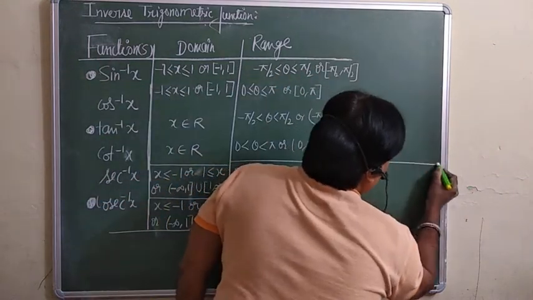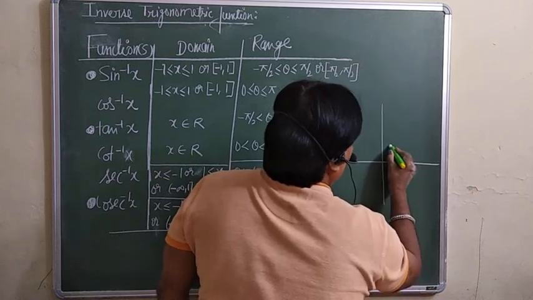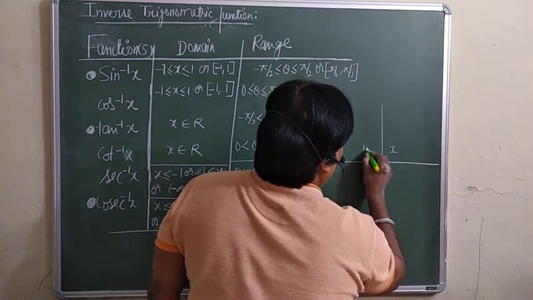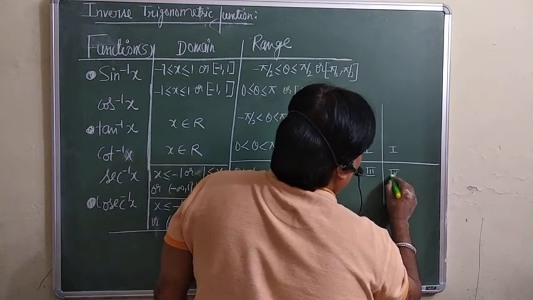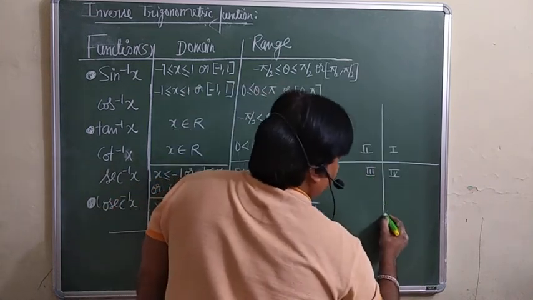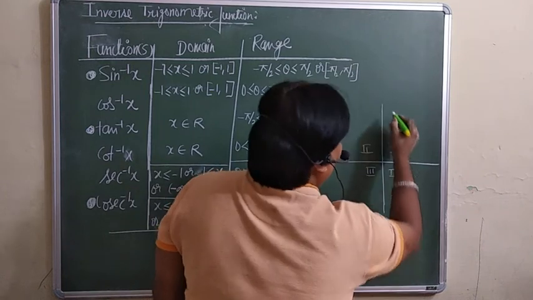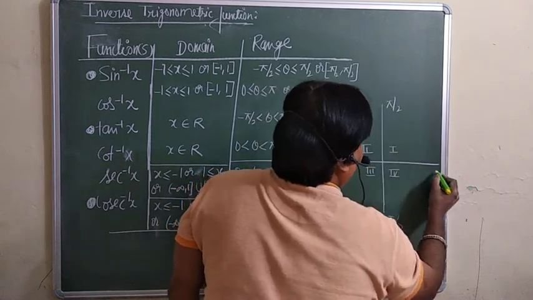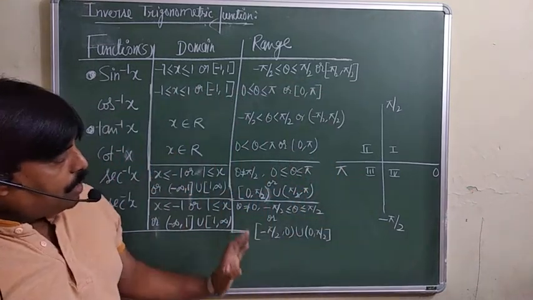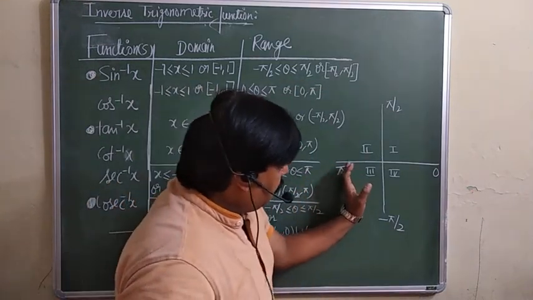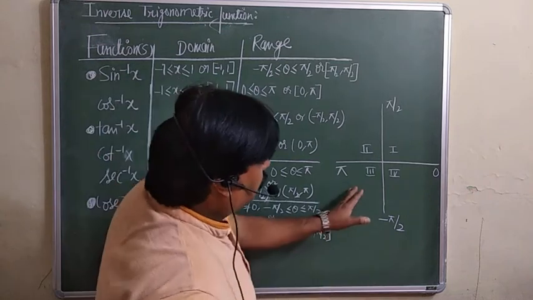See, this is the quadrant you can take. This is the first quadrant, second, third, and this is fourth. Here you take minus pi by 2 to plus pi by 2, and here you take 0 to pi. The important point is that nothing is in the third quadrant.